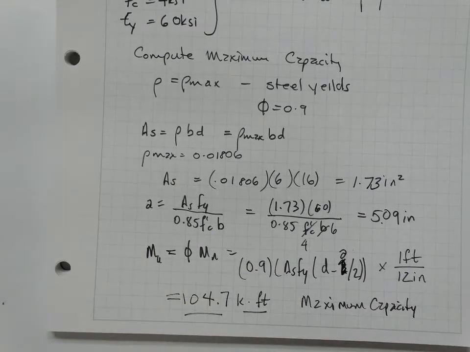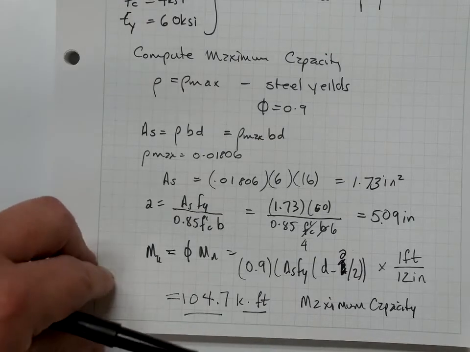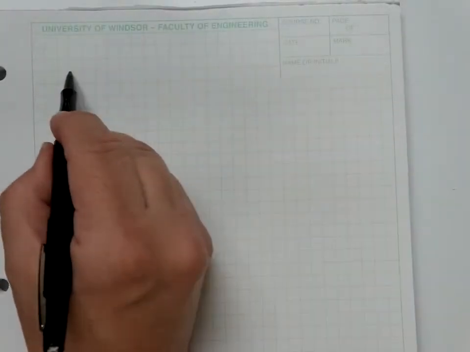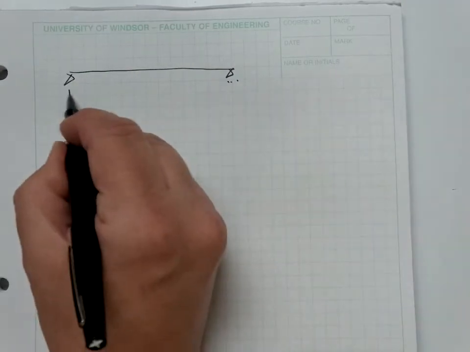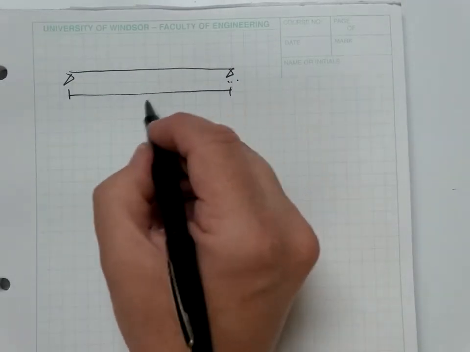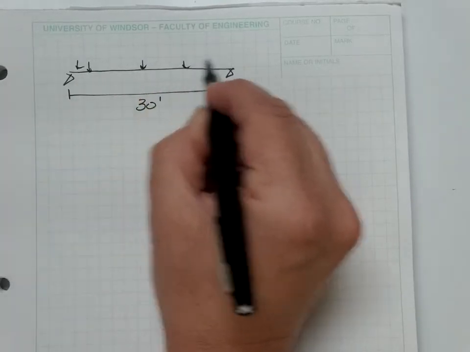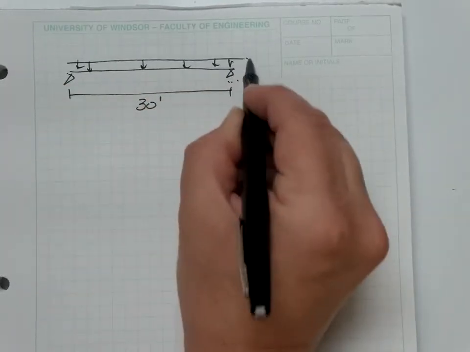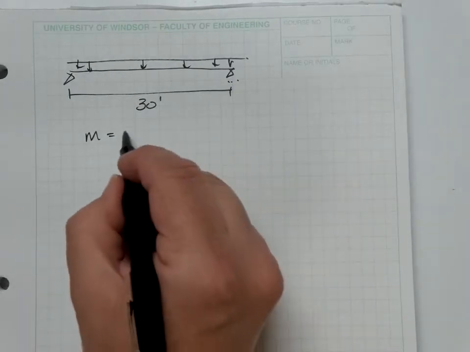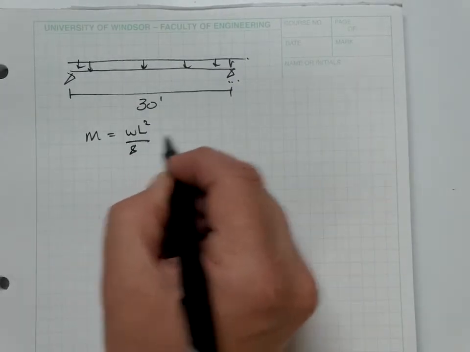Well, that's not very good, right? We can go back and calculate that maximum moment capacity if we have our beam and it's simply supported. And let's have it span, what's a reasonable span? 30 feet. And we'll just check a distributed load. The moment from that distributed load is wL squared over 8.